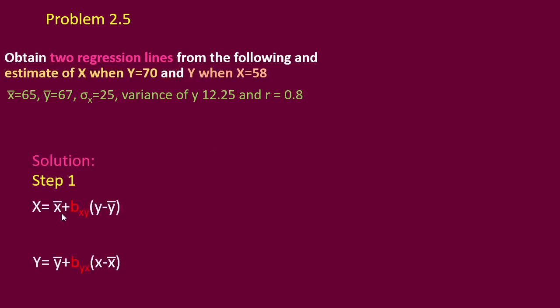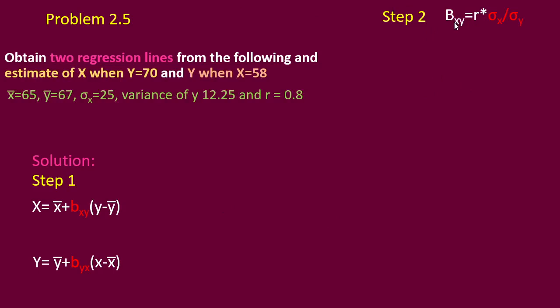So here, for the two regression lines, of course, you know the formula: x equals x bar plus bxy into (y minus y bar). Here, x bar value they have given, bxy value they have not given, and y bar value they have given. So we should find out the bxy value.